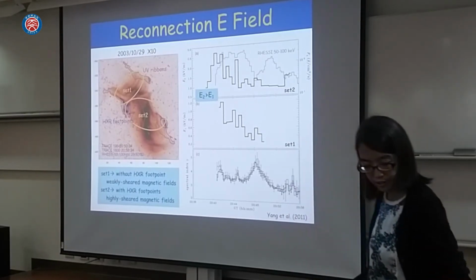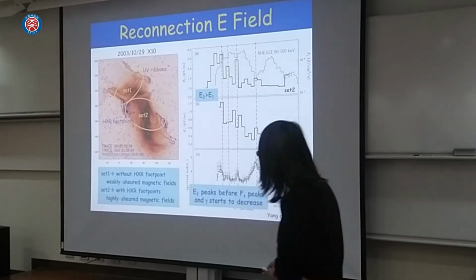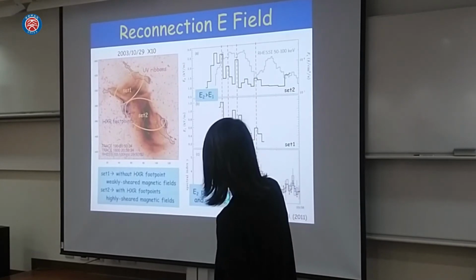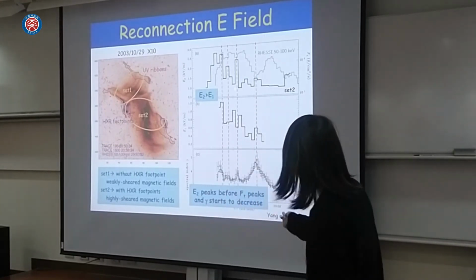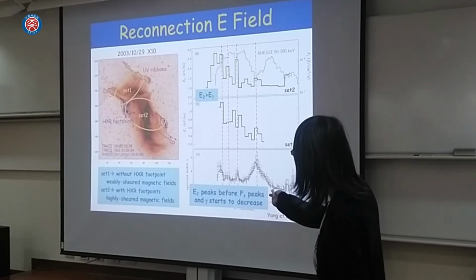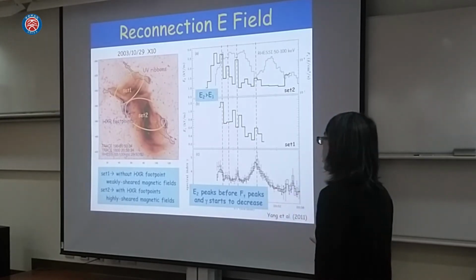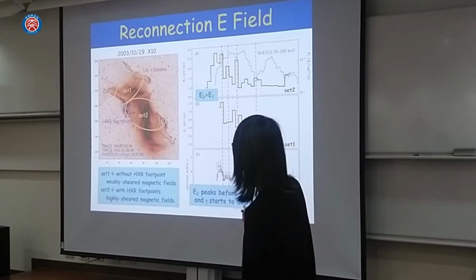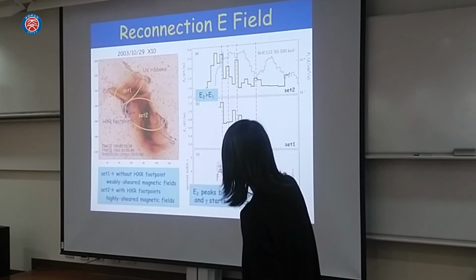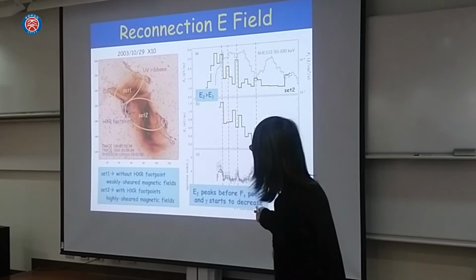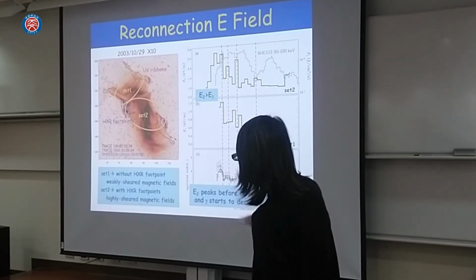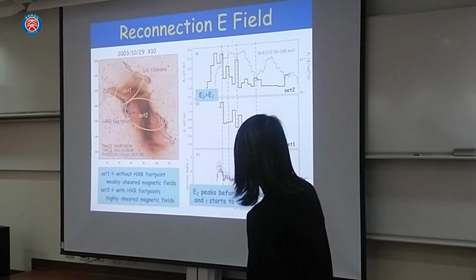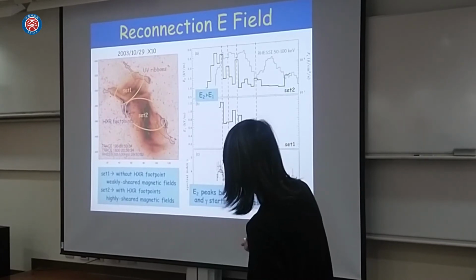And the second, at the vertical line, you can see the E2 approaches its peak just before the high X-ray emission becomes stronger, and then the E2 approaches its peak just before the gamma value starts to decrease.